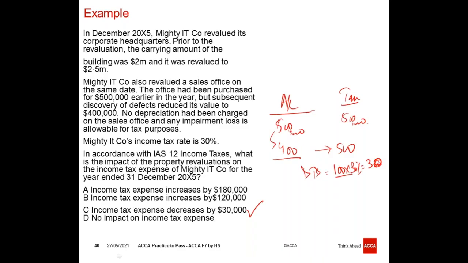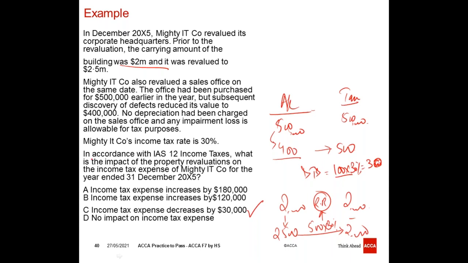But when we compare it with the building having a carrying amount of 2000 initially, then we revalued it to 2500. It will remain the same. So this deferred tax, 500 into 30%, 150, will go in the revaluation surplus.